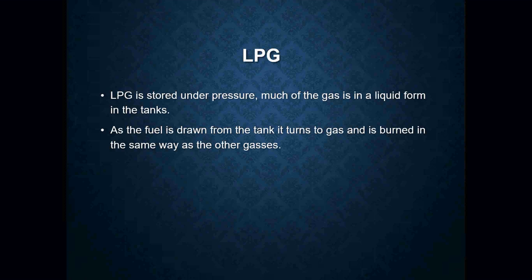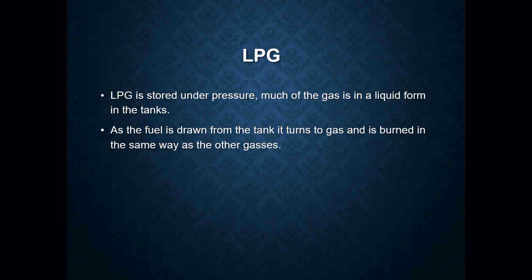LPG is stored under pressure, so much of the gas is in liquid form inside those tanks. As the fuel is drawn from the tank, it turns to a gas and is then burned the same way as every other gas. Your propane grills outside have cylinders filled with LP.